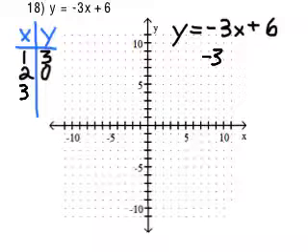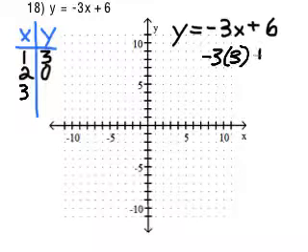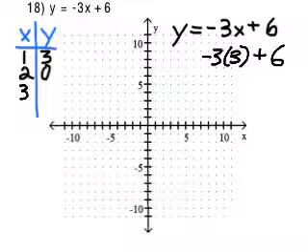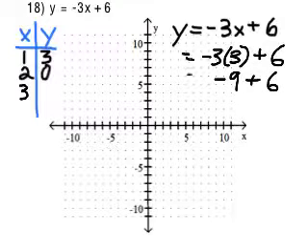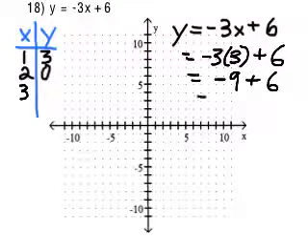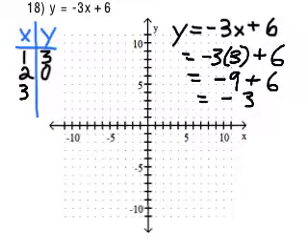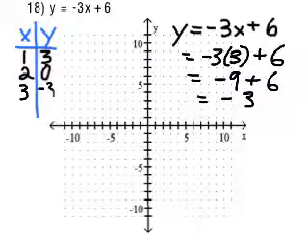Negative 3 times 3 plus 6. This becomes negative 9 plus 6, which is negative 3. Okay, we have our 3 points. That's all we need.